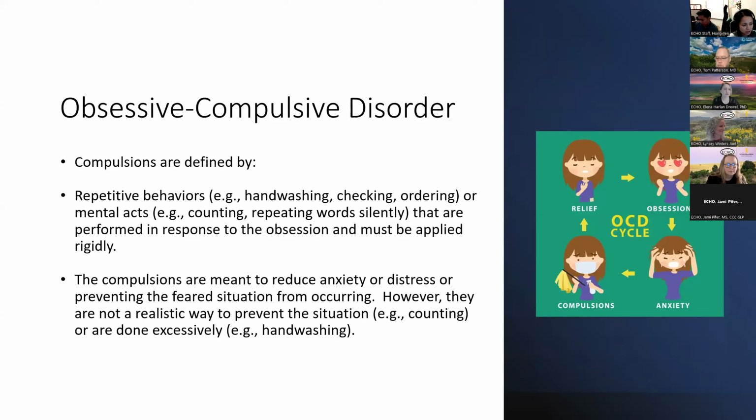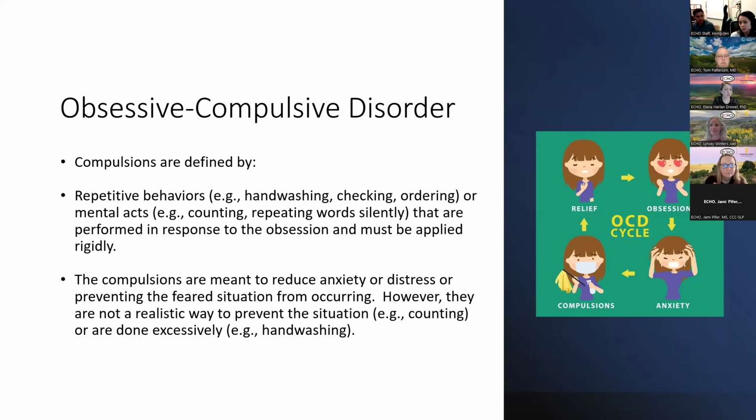So compulsions are defined by repetitive behaviors like hand washing, checking, ordering, or even mental acts that the child doesn't even tell you about, like counting or repeating words silently, that are performed in response to the anxiety related to the obsession. And usually these repetitive behaviors are applied very rigidly.